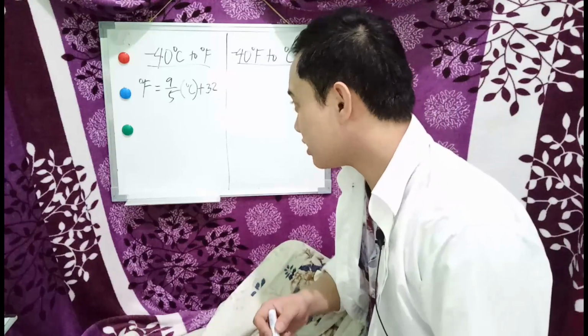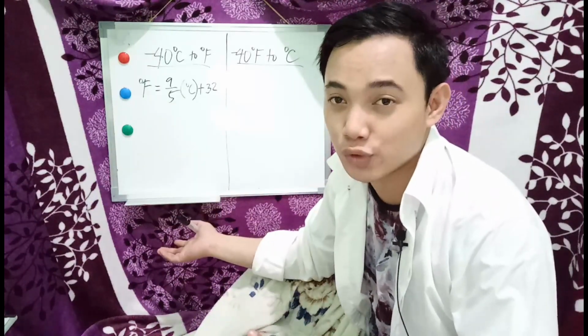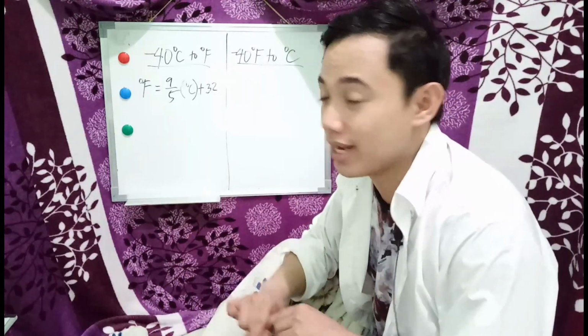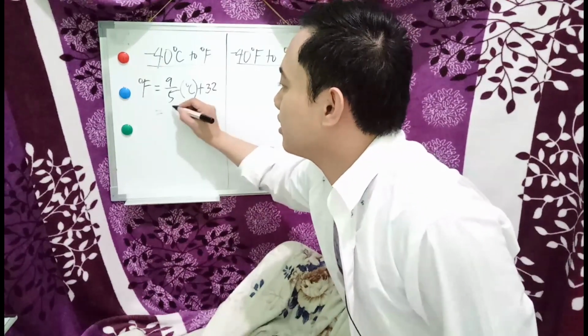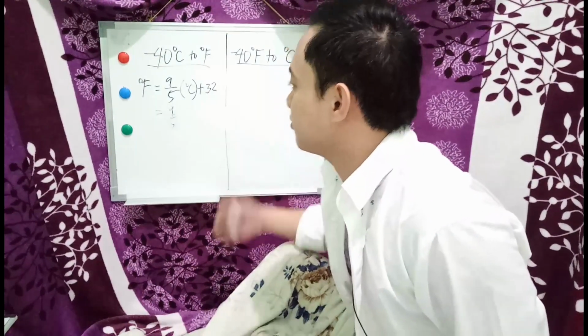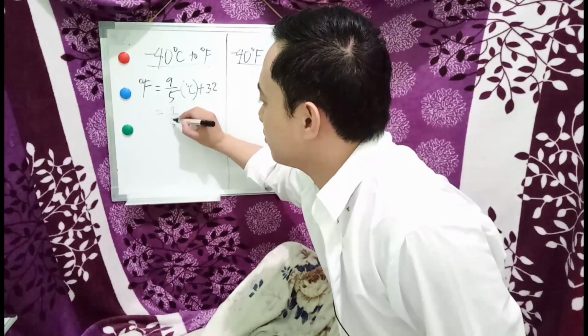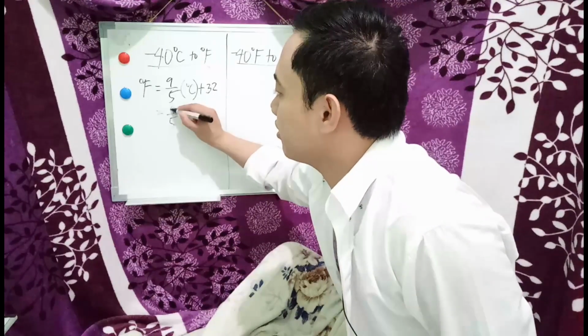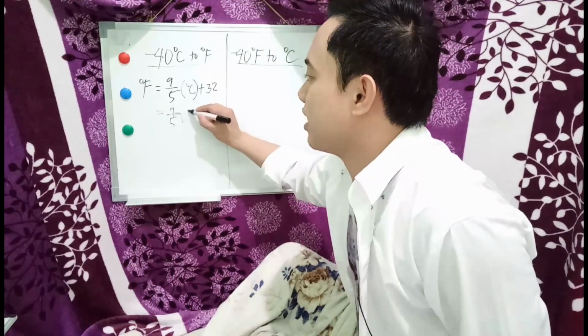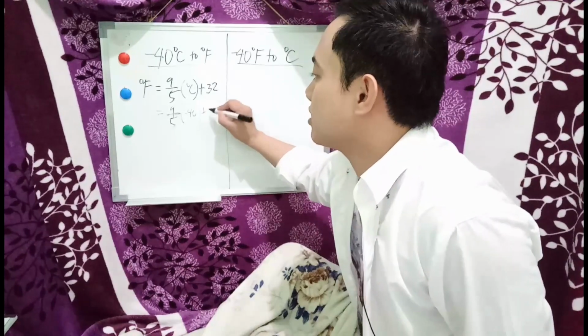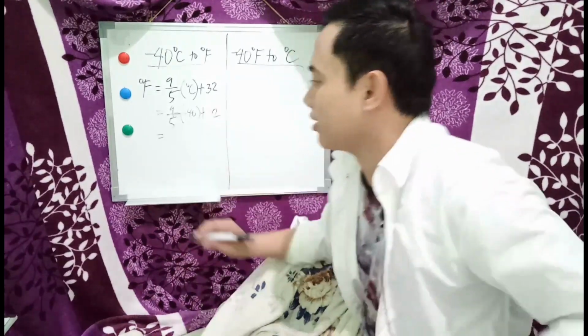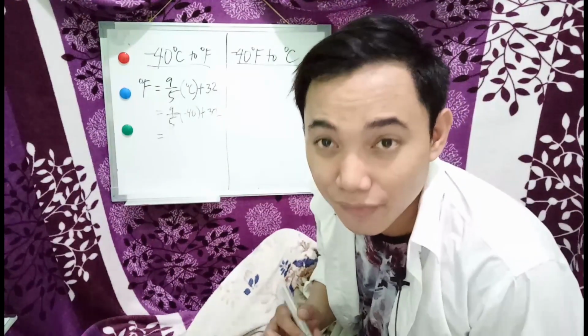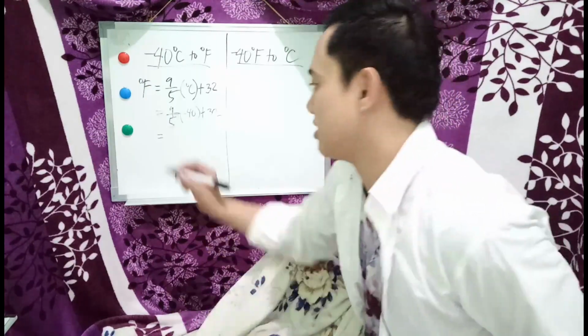Ngayon, i-substitute ko na yung value ng degree Celsius doon sa formula. So, nangyari, 9/5 times degree Celsius is negative 40 plus 32. Ngayon, 9 times negative 40 is equal to negative 360.